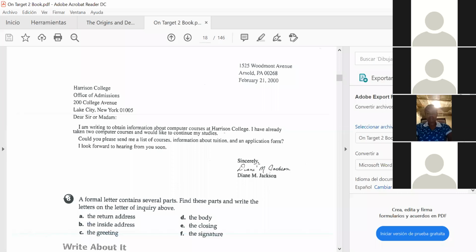So basically what we do now, instead of sending a letter through the mail, we use email. But although email is an electronic service, we need to know that there are certain aspects that we have to keep, although it is an email.